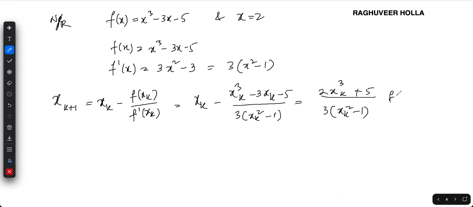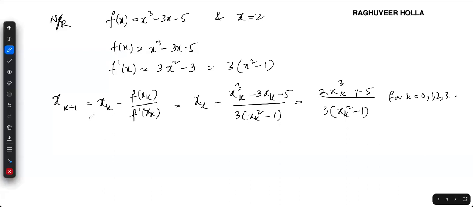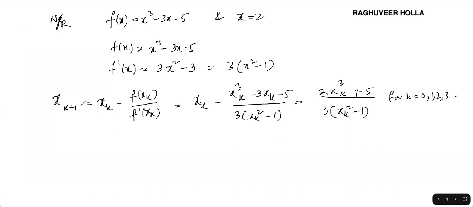Okay, this is for k 0, 1, 2, 3, and so on. Okay, let us do some approximation, and stop the approximation where, as in the previous problem which we have seen, the decimals get nearer and nearer, so we can stop the iteration.